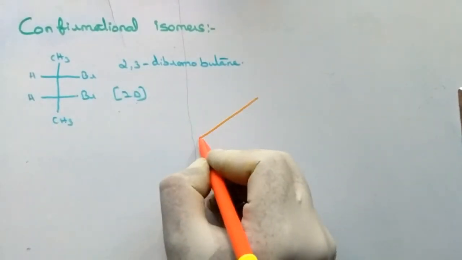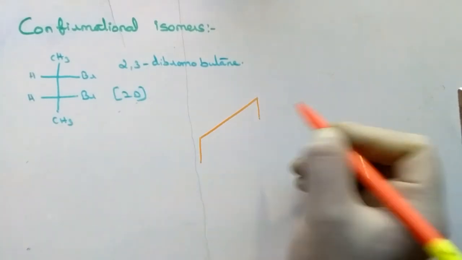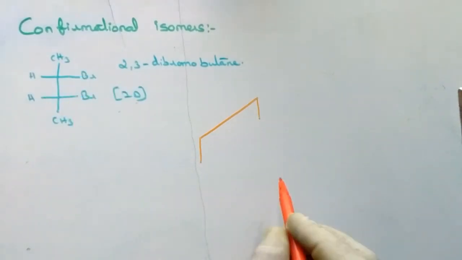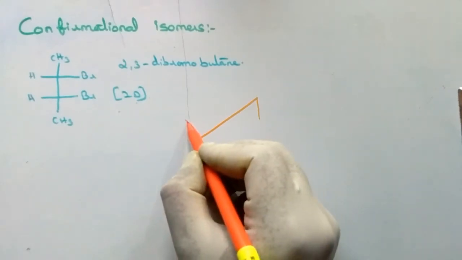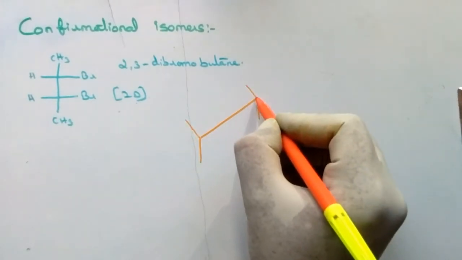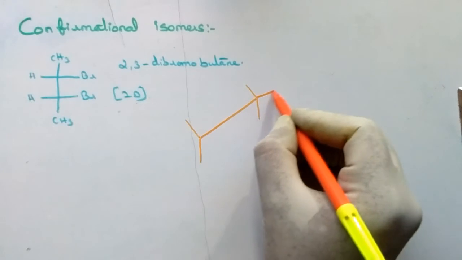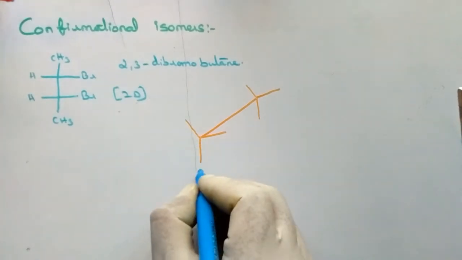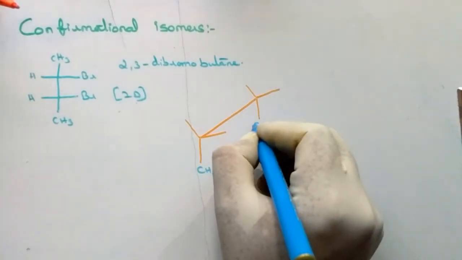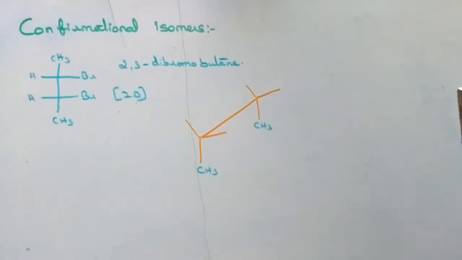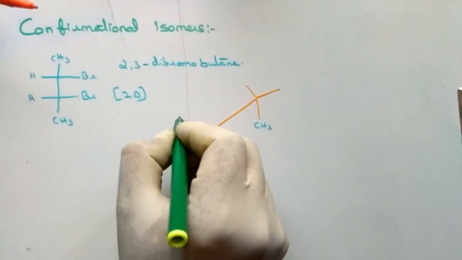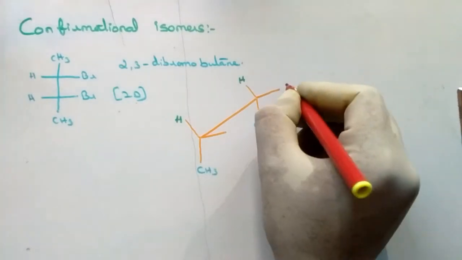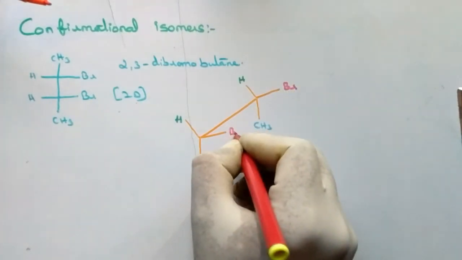So in 3-dimensional, how will it be? We can imagine this is the 3-dimensional structure of this compound. In 3-dimensional, CH3 groups will go down, and on this side hydrogens, and on this side bromines.